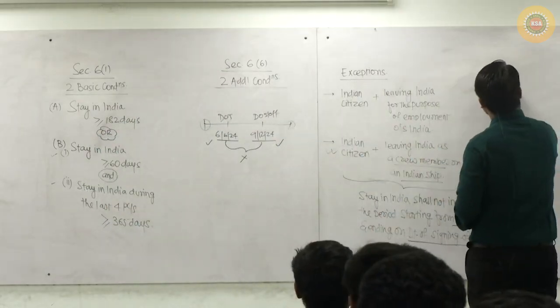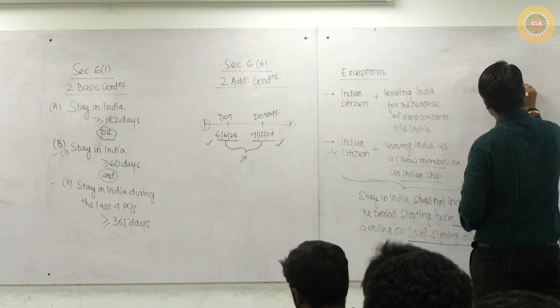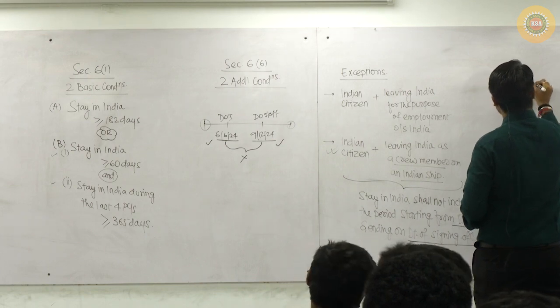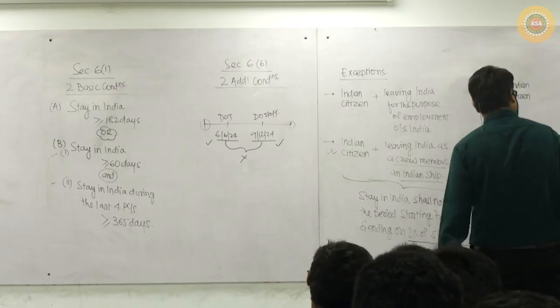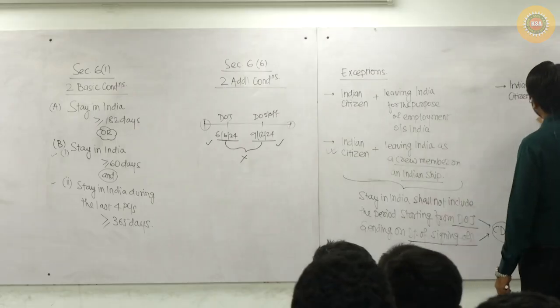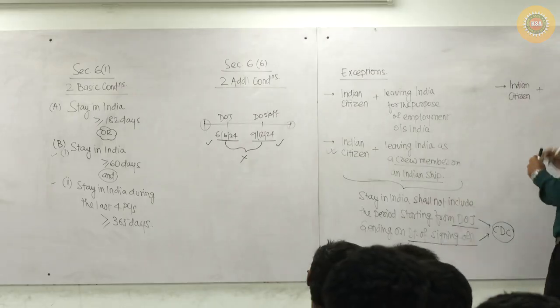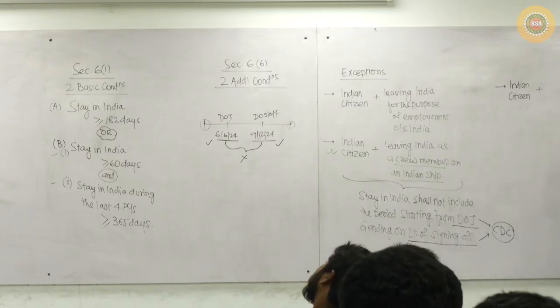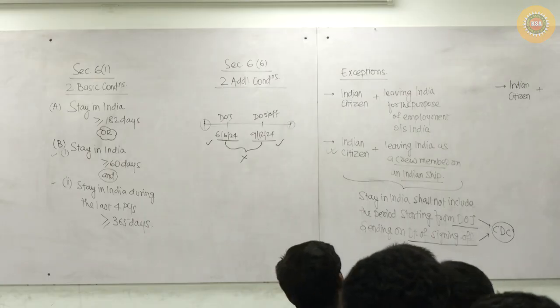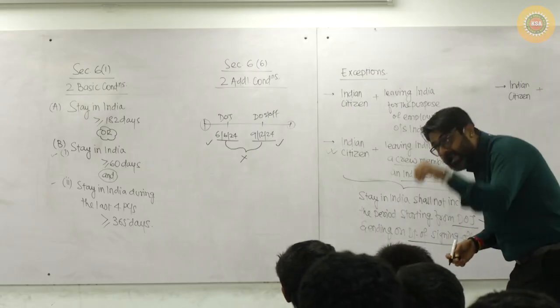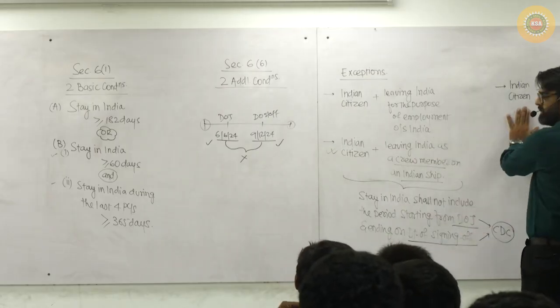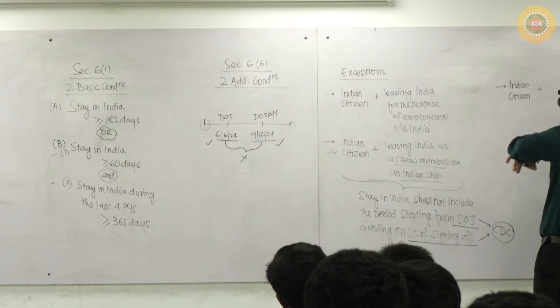Which exception? Third exception. In the third exception, again they are talking about an Indian citizen. Now this Indian citizen is not leaving India. He was already outside India, but during the relevant previous year, this Indian citizen is coming to India.